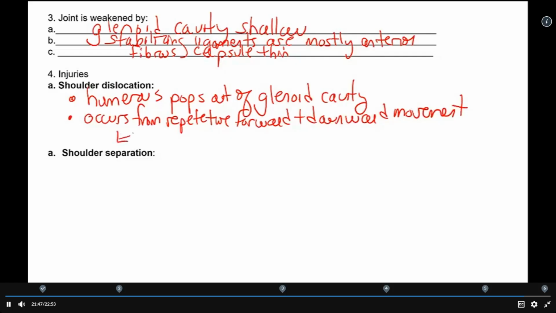This kind of movement is very common in pitchers in baseball. What happens is the tendons stretch or they can tear, and so that joint is weakened.